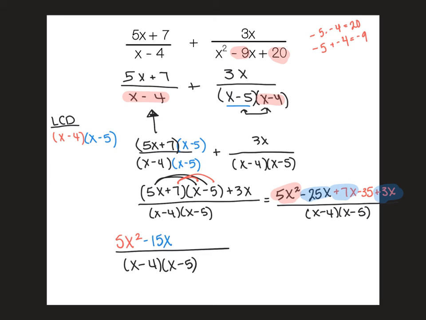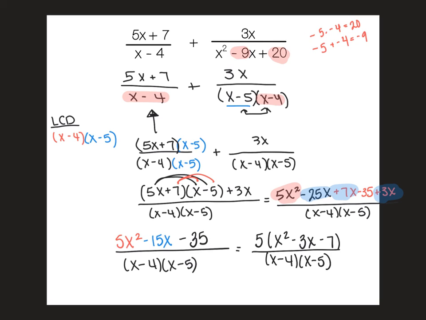Lastly, I have -35. I'm noticing on the numerator I could factor out a 5. If I factored out 5, I would be left with x squared minus 3x minus 7. The denominator would still be x minus 4 times x minus 5.